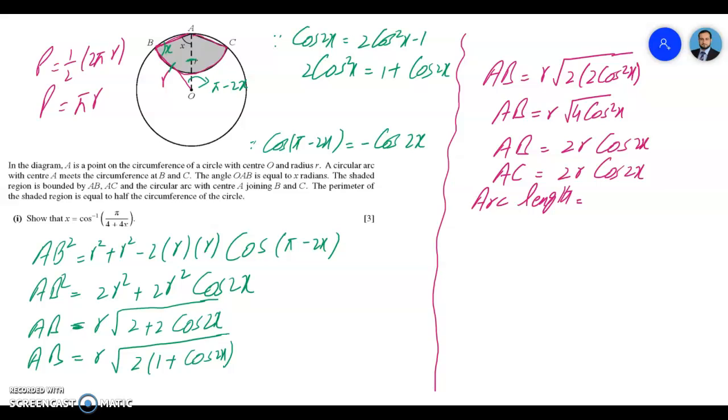Since this is a sector, to find the arc length from B to C we use the formula r times angle.